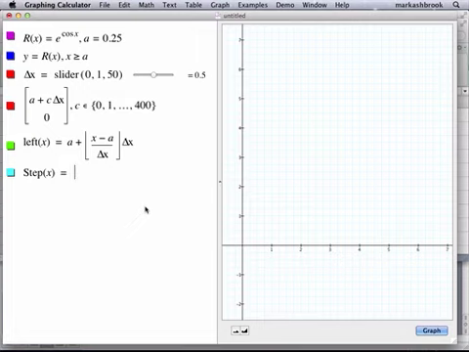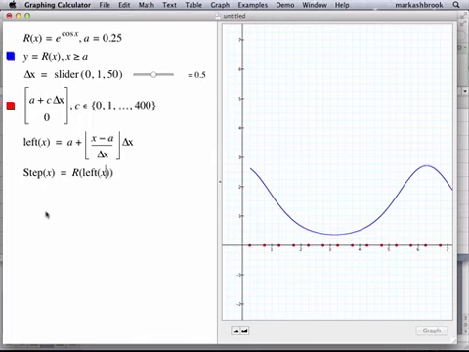Left. And then what do we do with left? Plug it into R. How do we write that? Step of x. R of left. Don't forget control 9 on both of them. And we'll make this purple.